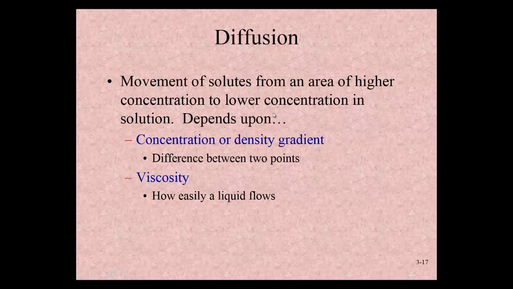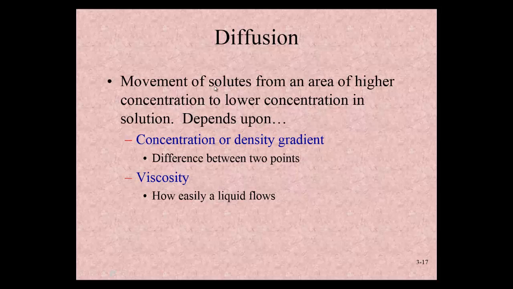So the first process we're going to talk about is diffusion. The key thing to remember with diffusion is that it's a movement of substances. When we say solute, a solute is any substance that is dissolved in a liquid. So any water-soluble substance we could call a solute, as well as something dissolved in a non-polar or non-water-soluble solution.